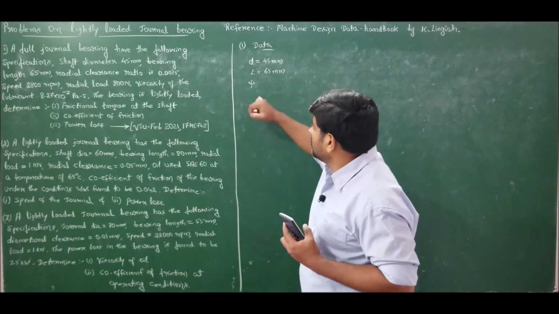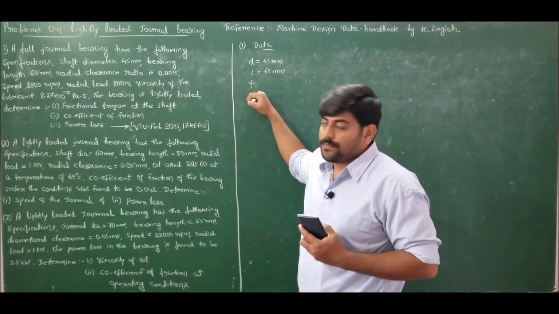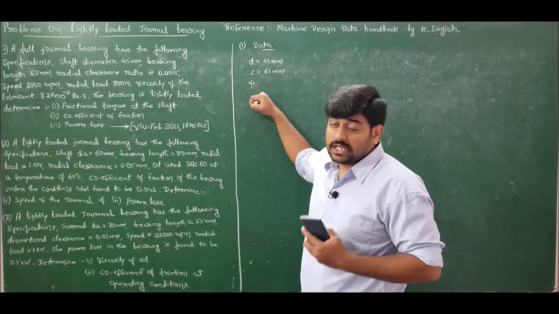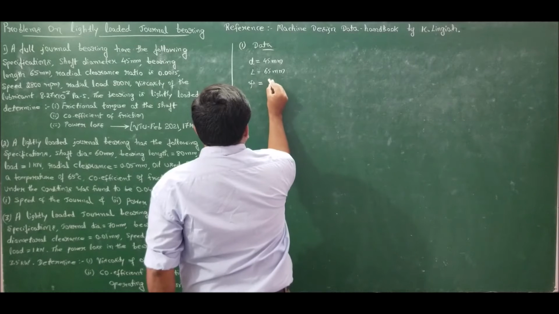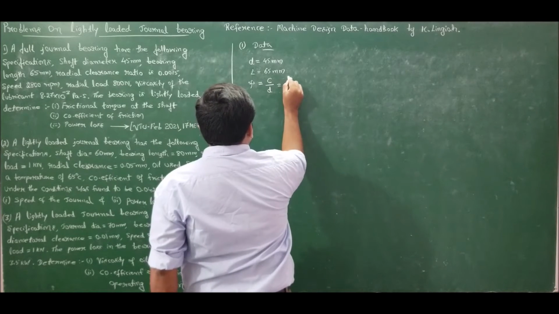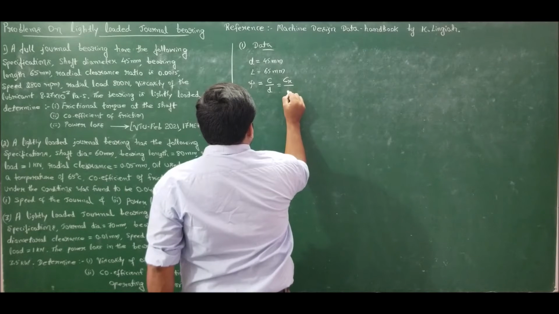The diametrical clearance ratio is defined as diametrical clearance divided by diameter, which is also equal to radial clearance by radius.